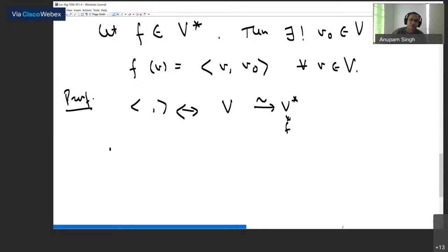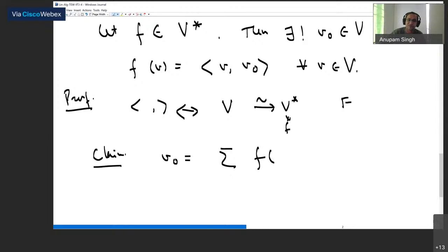So let's do that. I have to tell you exactly what v naught is. My claim is that we take v naught to be the following. I know the value of f. The proof will rely on fixing a basis.